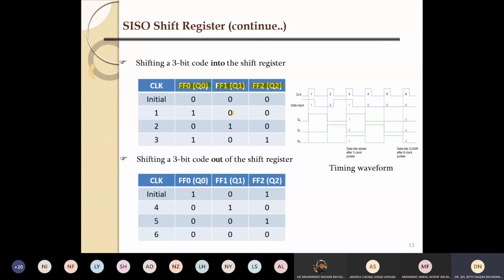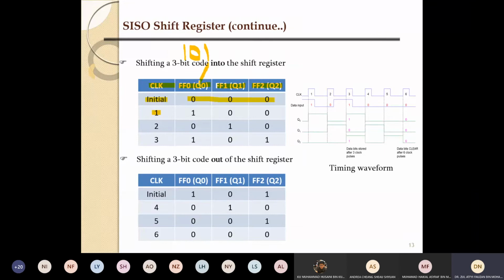In the truth table, the initial condition is clock 0, and all flip-flops are 0. At the first clock, the input is 1, so we have input 1, 0, 1.